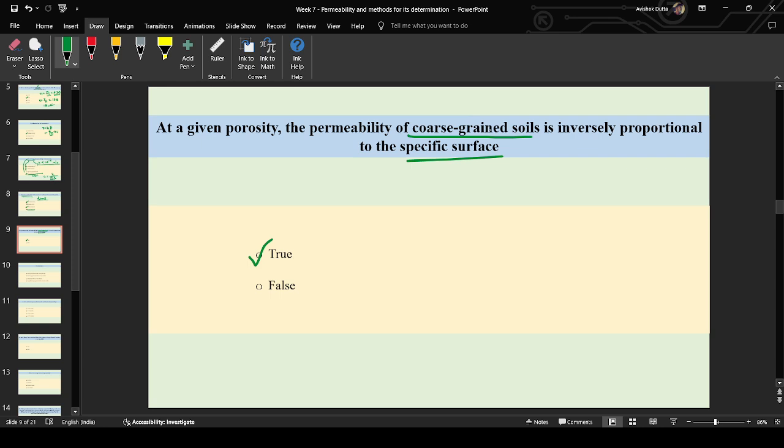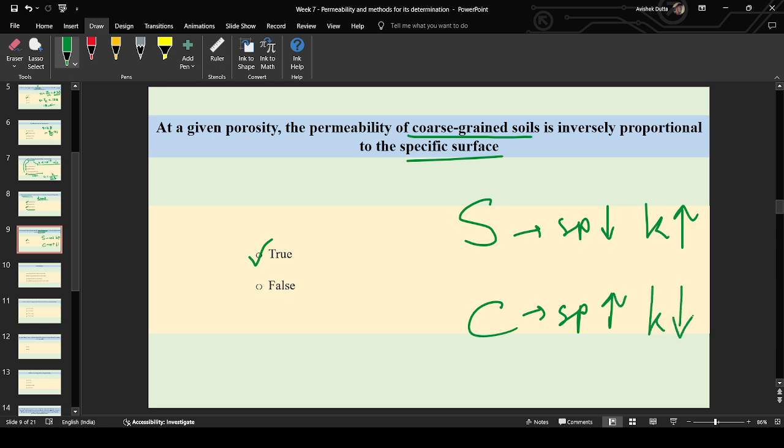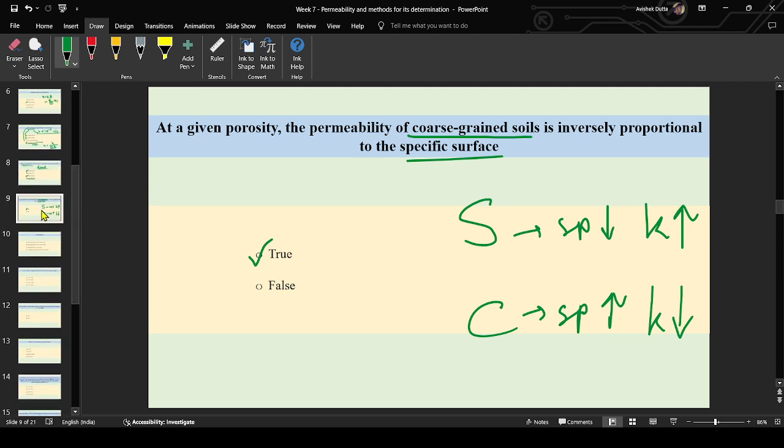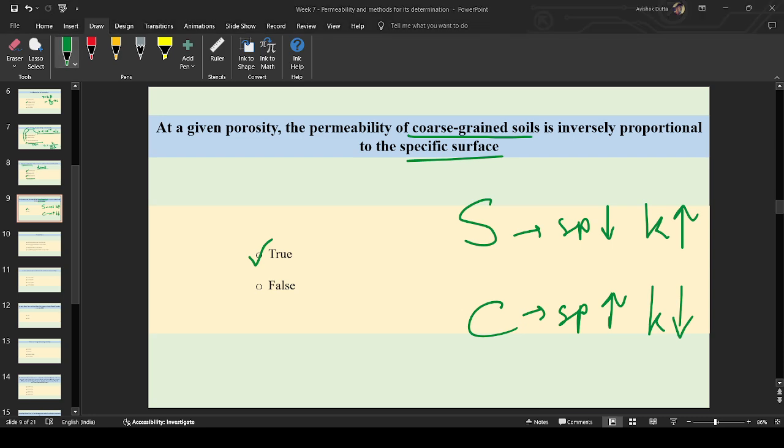For sand, the specific surface is low, permeability is high. For clay, the specific surface is high, permeability is low. So just by using this concept, the answer can be said. But I just wanted to let you know the concept behind it, that at a given porosity it was written. So it is not about the number of voids or pores, it's also about the interconnectivity for the passing of water or fluid through the soil. Is it clear?